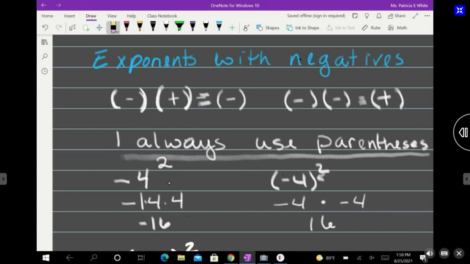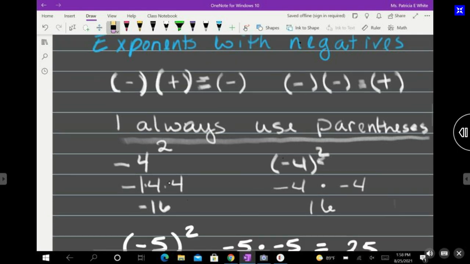If I have -4 to the second power, and that negative is not in the parentheses, then what I have is a negative and 2 4s. And that's going to end up being a -16. But if I put that negative inside of a parentheses, then I'm going to include that parentheses because it's the parentheses that the 2 is touching.